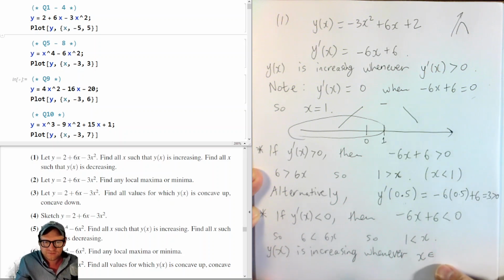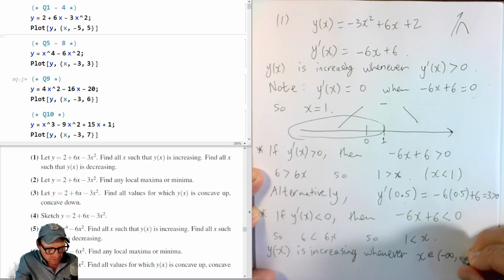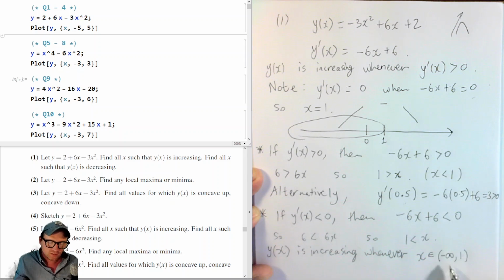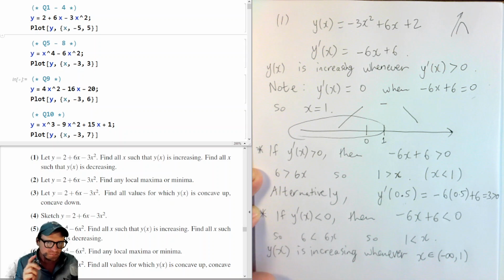I'm going to use interval notation here, the open interval from minus infinity up to 1. And so this is not a point, this is an interval. This refers to the set of all x values on the left of 1 on the number line.